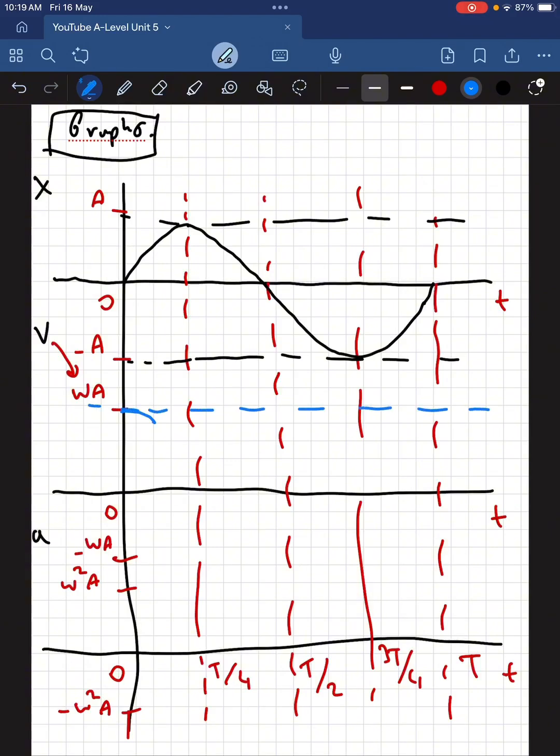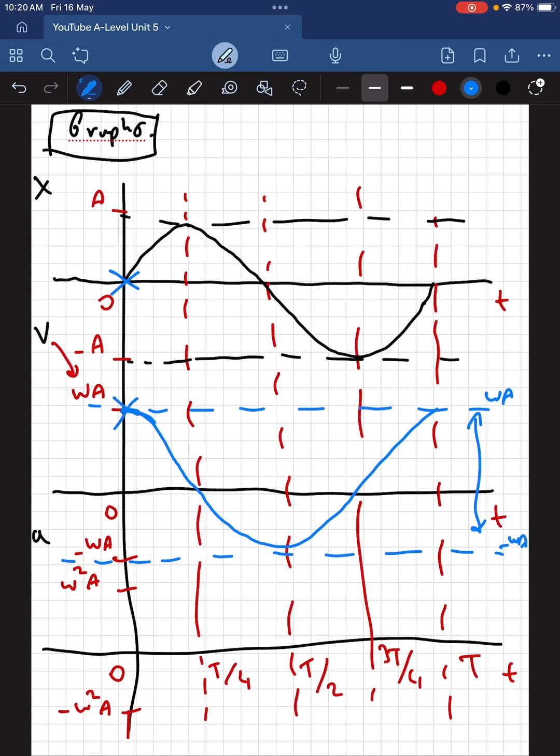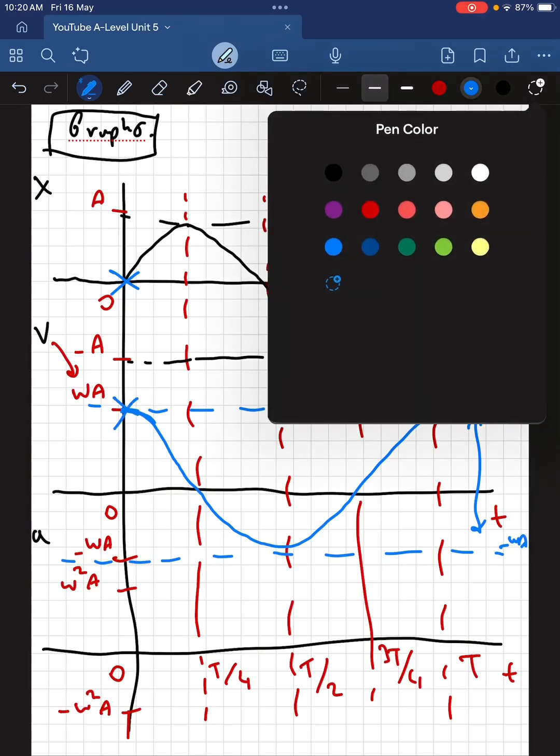So first of all, the object can only move from a velocity omega a to minus omega a, okay? And it starts with a maximum positive velocity, it goes to 0, goes up and up there, okay? Hope this makes sense. So at time equal to 0, the displacement is 0, but the velocity is maximum and to the right, okay?